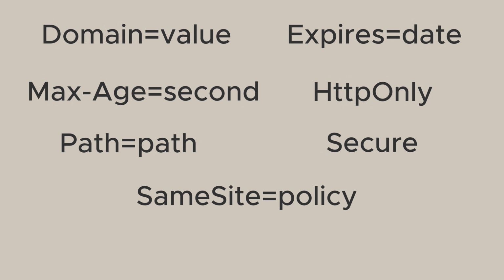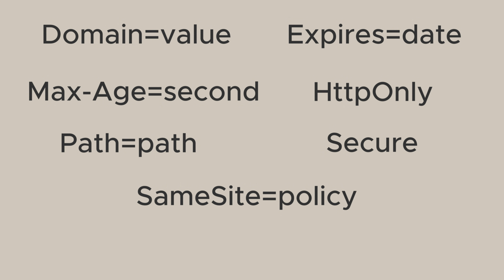SameSite. This attribute tells the browser whether the cookie should be included in cross-site requests. In other words, the SameSite attribute is used to control if the cookie will be included in requests that originate from outside the site that created the cookie, known as first-party or same-site context.